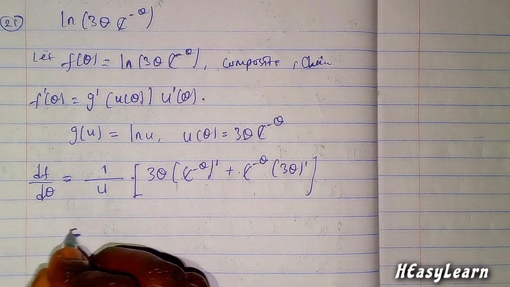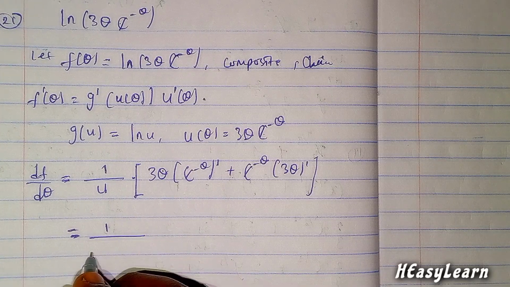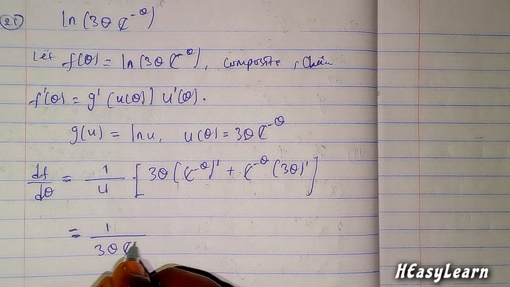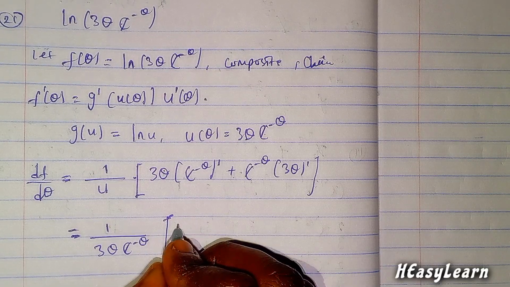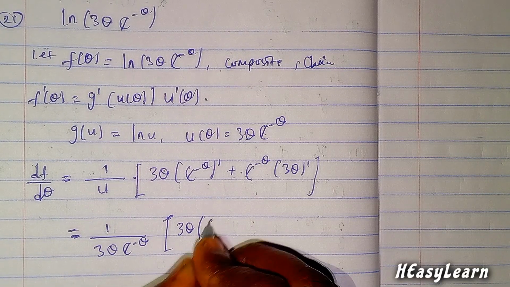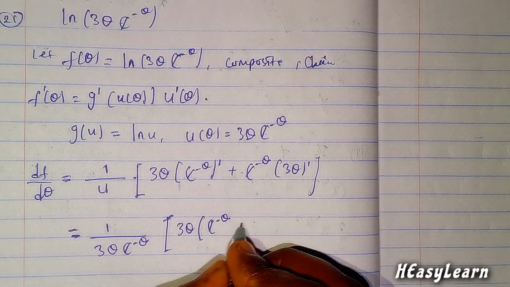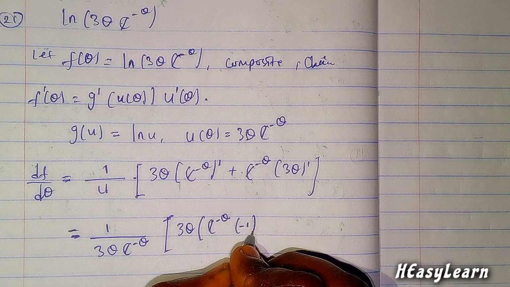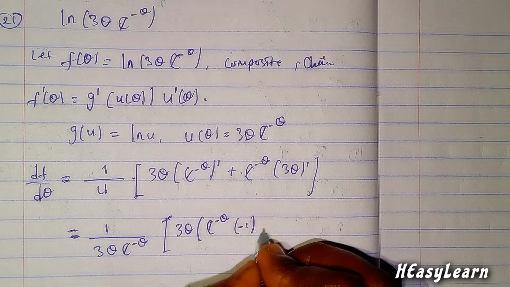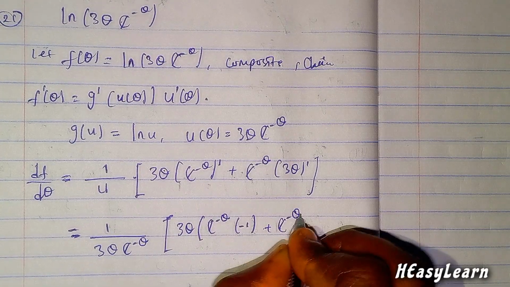What is u? u is 3θe^(-θ), multiplied by 3θ. What is the differential of e^(-θ)? It keeps the function multiplied by the derivative of the power, plus e^(-θ).